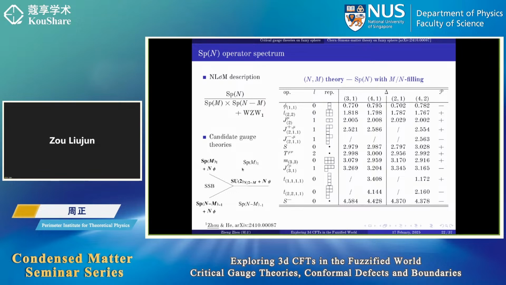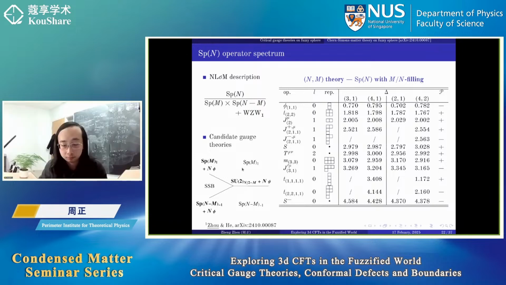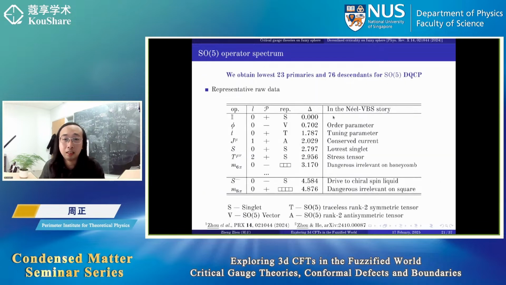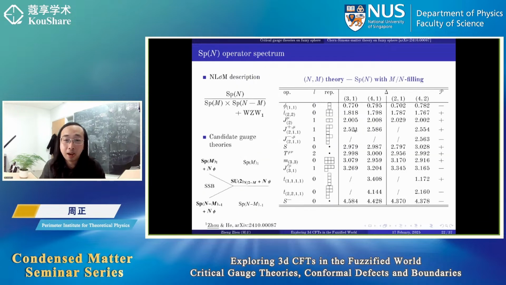Yeah, naively speaking, this doesn't sound too hard, right? But our system size is very small because we can only access it by ED. For example, for the SP3 theory, the best we can do is 7 orbitals combined with 6 flavors. That means 42 sites.